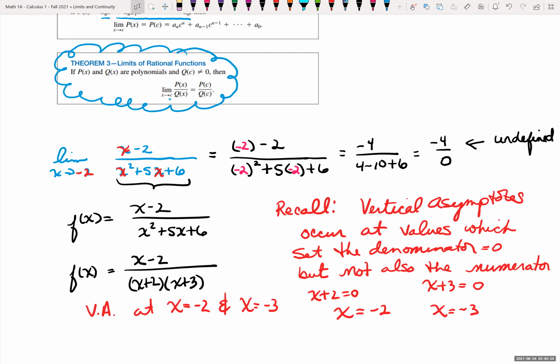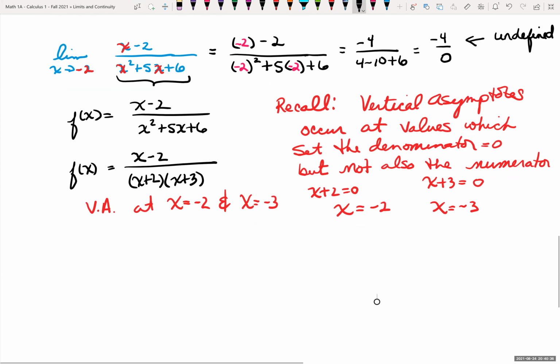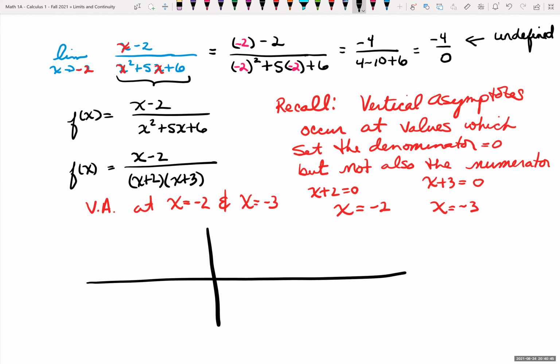So I want to review a little bit on how to graph these, because it's really important in calculus, especially calculus 2, to be able to graph your functions. And so here, let's look at our graph. We know that we have vertical asymptotes at -2 and -3. So remember, we denote asymptotes by that dotted line on the graph.